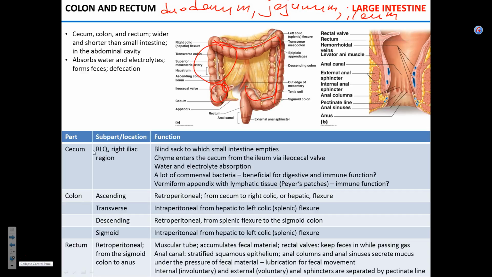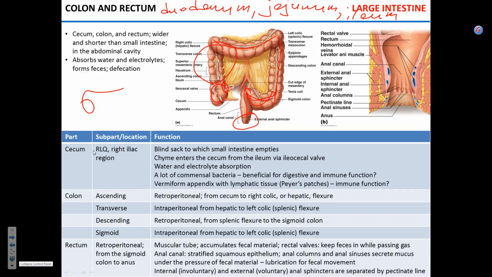Sigmoid's name comes from the Greek letter sigma, okay? Shaped, bent part. And then from the sigmoid colon, it enters the rectum. And it's not chyme anymore, it's feces. So feces leave the rectum via the anus. Does that make sense?